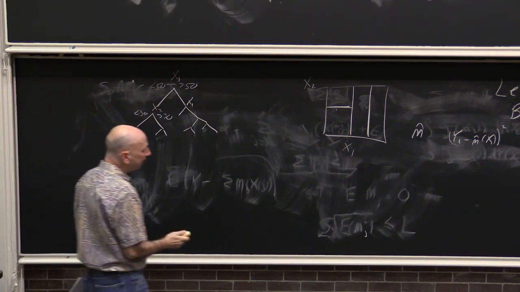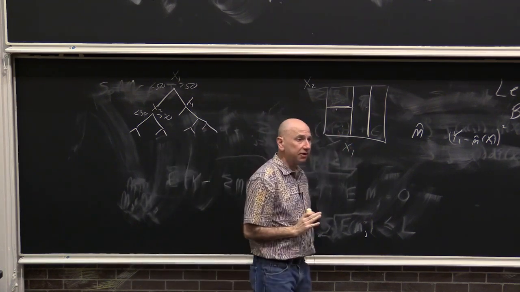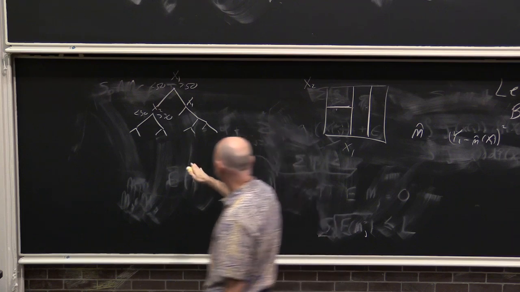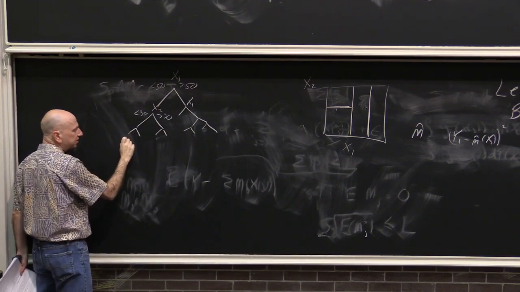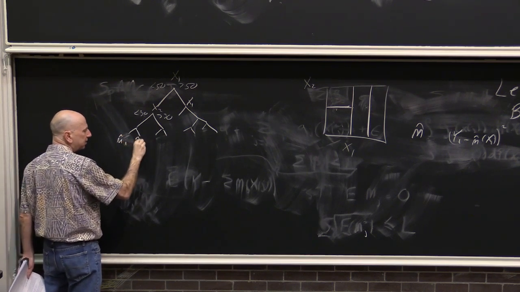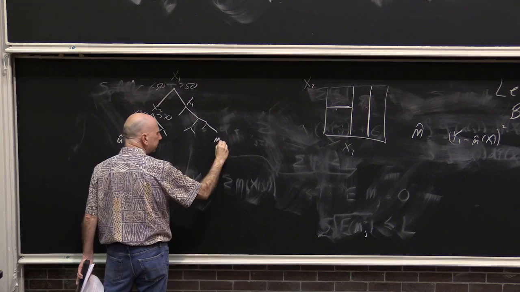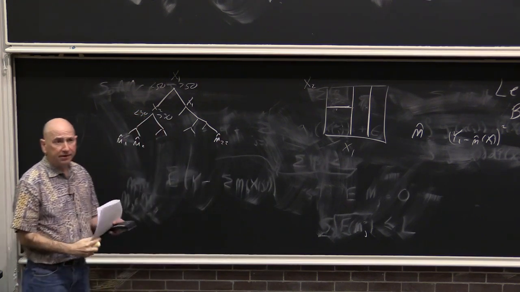And at the end, you can either think of it in the feature space as just a piecewise constant regression function, or you can think of it in terms of this tree. And at the end of every leaf, we have what y bar is here. That would be m hat 1, this would be m hat 2, up to m hat for however many leaves there are in the tree.